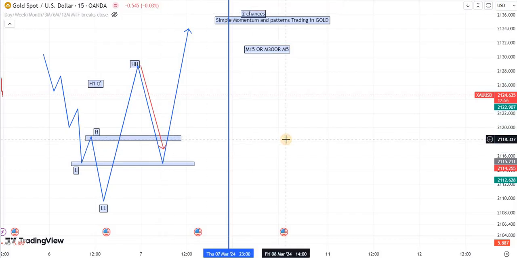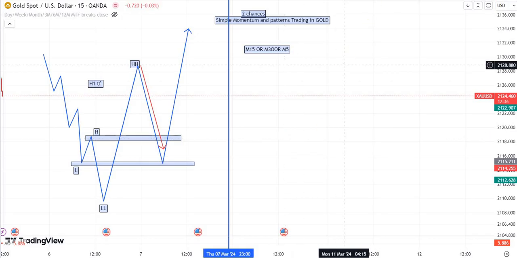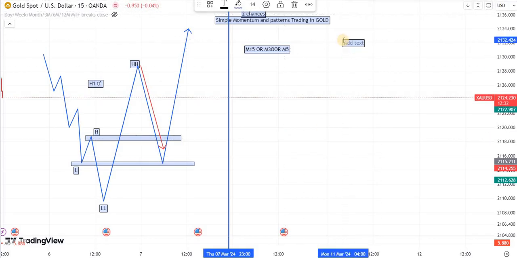In SMP, we actually trade retracement. We trade correction. That's important, because we are not those who catch a falling knife. So absolutely, we only trade retracement, or we can say correction.